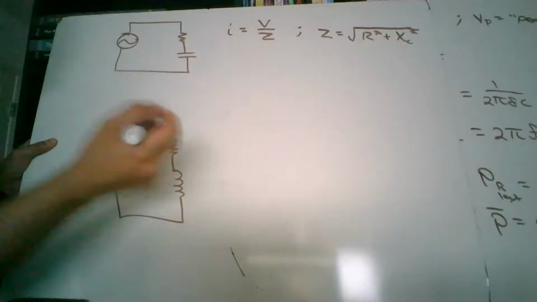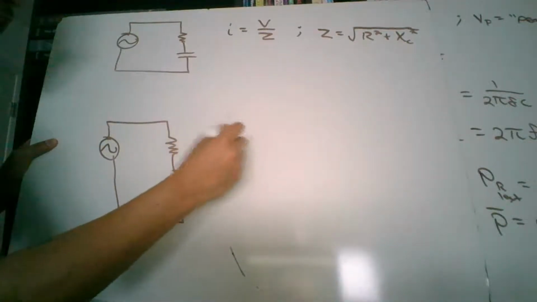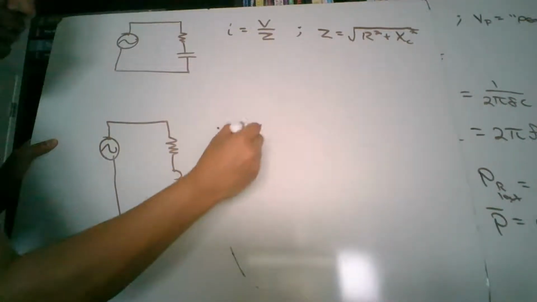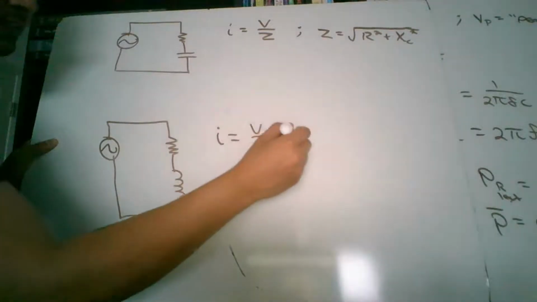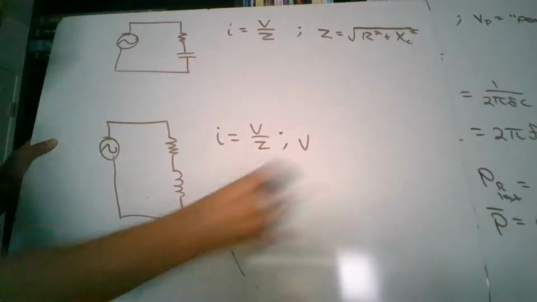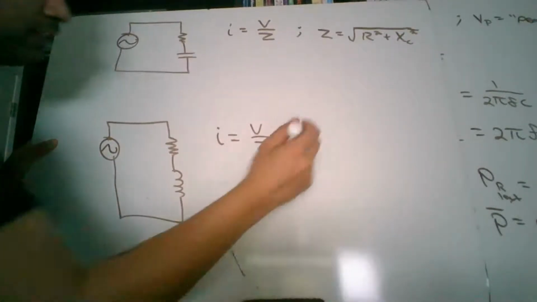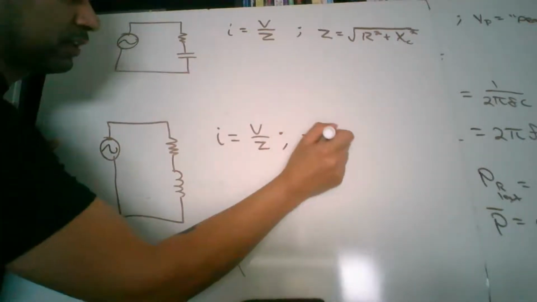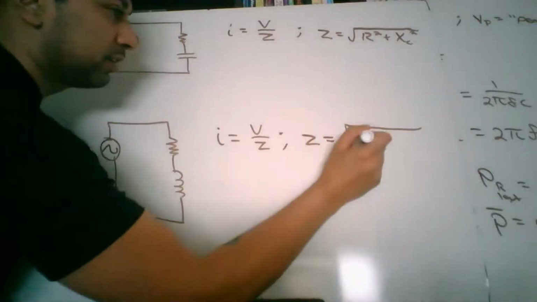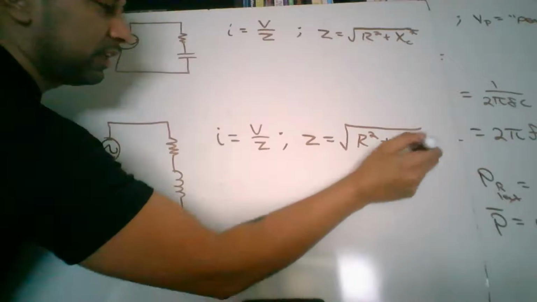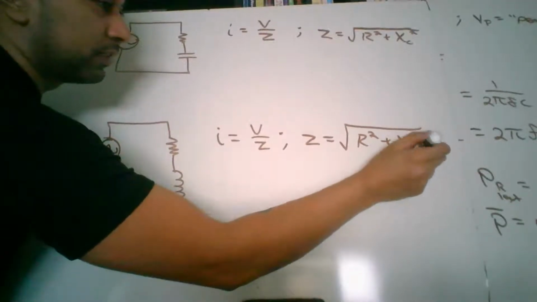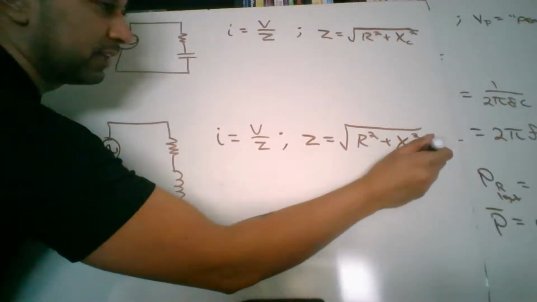Well, the current is still going to be defined as the voltage divided by Z. And in this case, when we solve for Z, it's going to equal the square root of R squared plus the inductive reactance squared. That's an L.